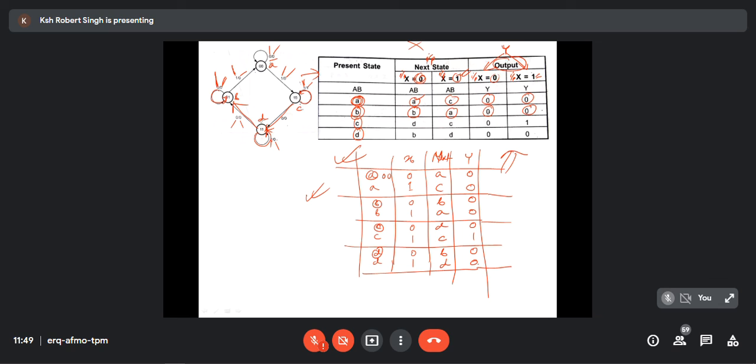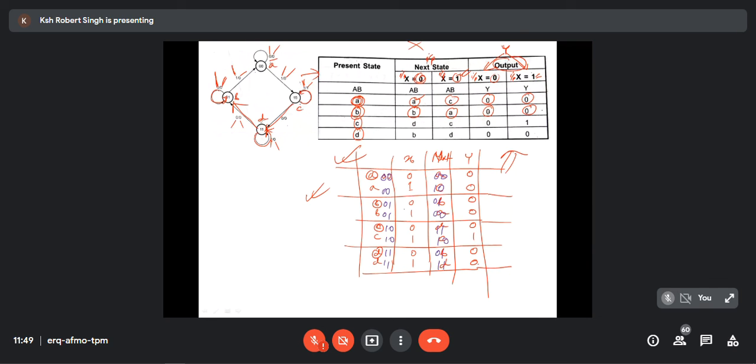So the next step is 0, 0, 0, 0. A means 0, 0. C means 1, 0. B means 0, 1. D means 1, 1. B means 0, 1. A means 0, 0. D means 1, 1. C means 1, 0. B means 0, 1. D means 1, 1. Like that. Can you understand?